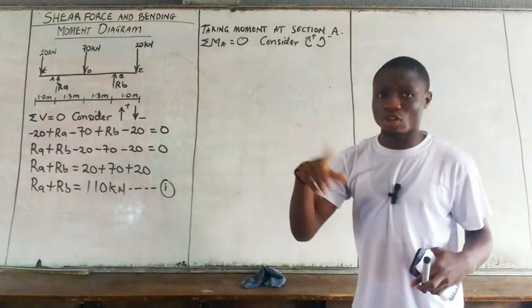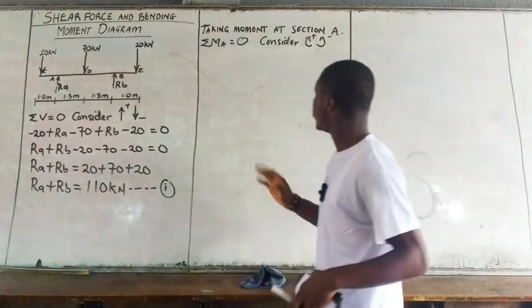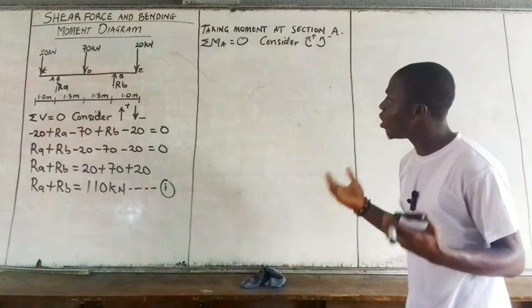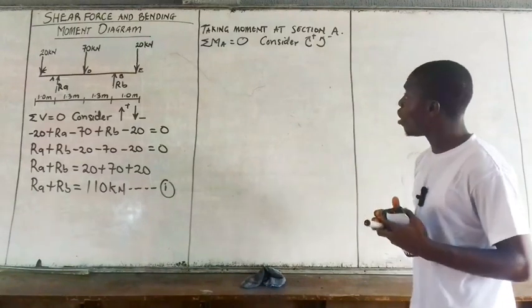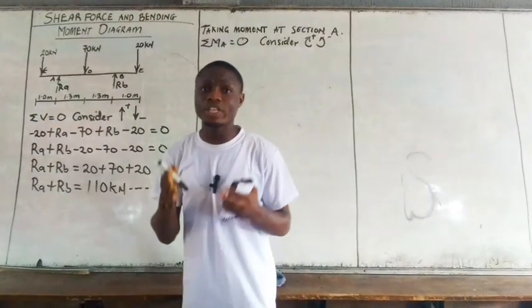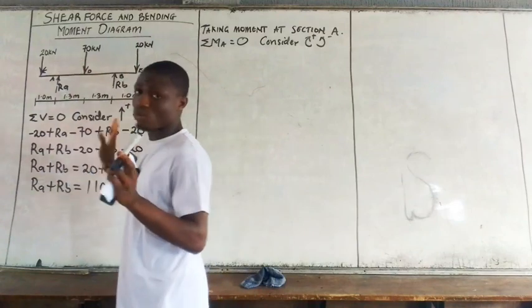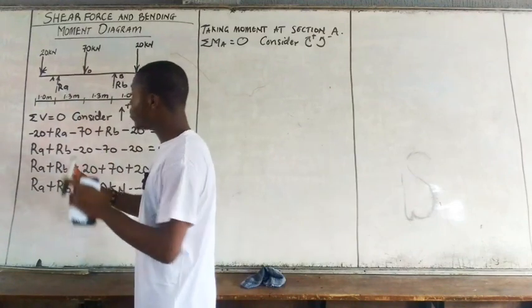Your clockwise direction should be positive, while your anticlockwise should be negative. That's all. Now, how do I get the moment at section A? Anywhere we take the moment from is always zero, so this point here is zero.